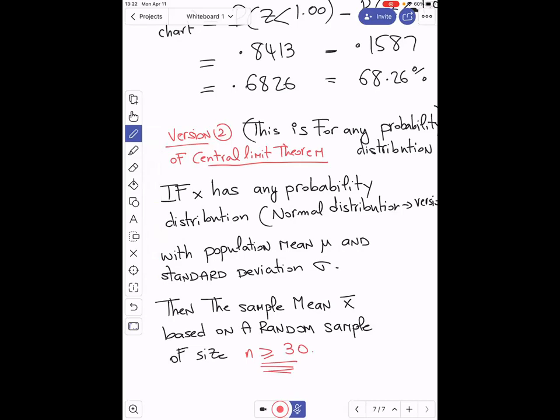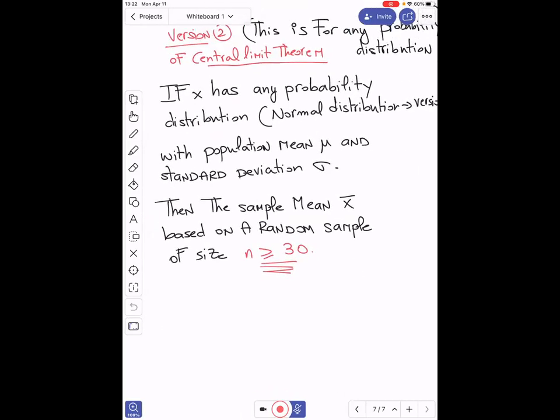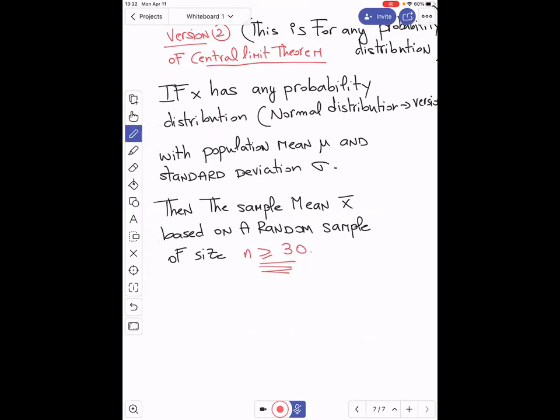So yeah, we have the same conclusions. The sample mean X bar based on this random sample of size n larger than 30 approaches a normal distribution with mean mu.